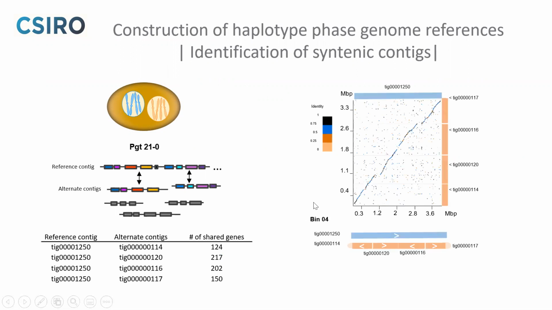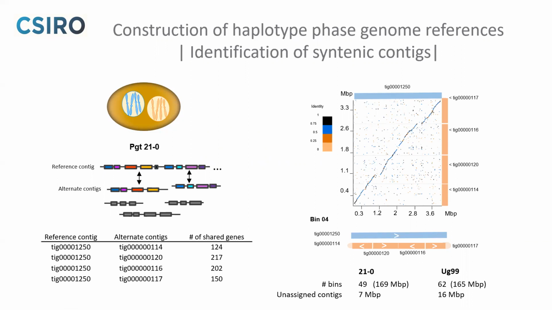So we would end up with something that looks like this, an alignment of a large contig with 4 contigs or more that are matching, representing the alternate haplotype. This worked really well, and in some cases, we managed to reconstruct a whole chromosome.